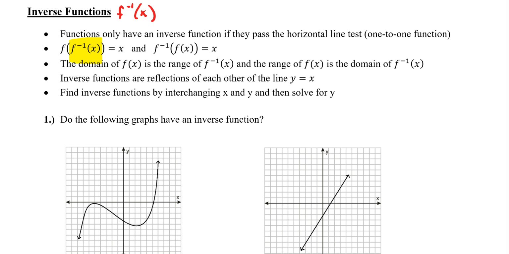The definition of an inverse function here is if you take an inverse function as the input to the function, they're going to cancel each other off, and you're just left with x. Same idea the other way. If you take the function as the input to its inverse, they cancel each other off, and you're just left with x. These are essentially taking composite functions when you input one function into the other function.